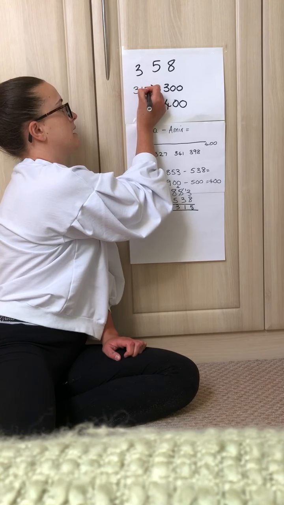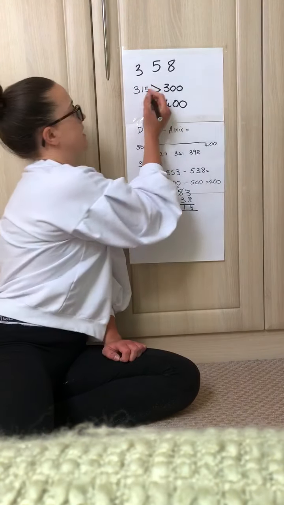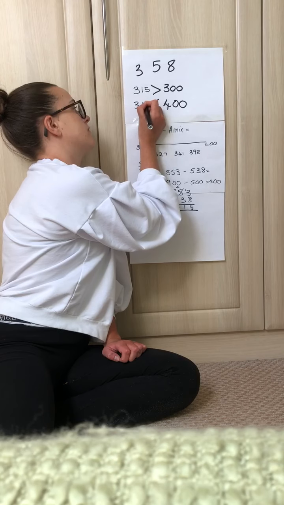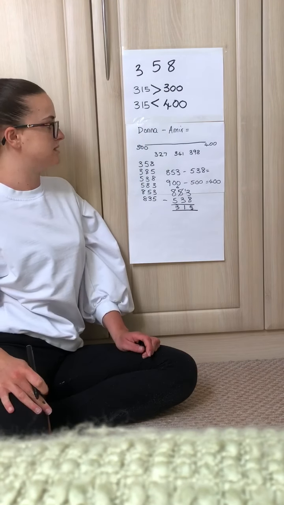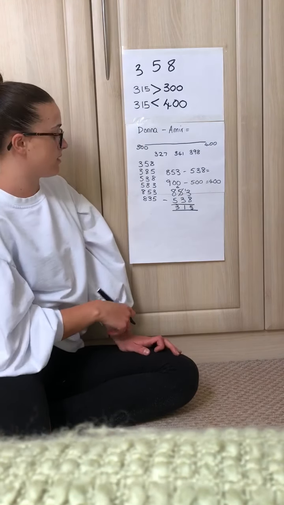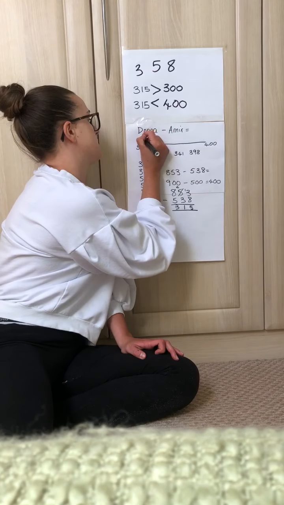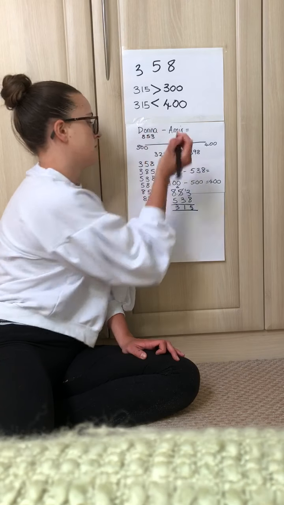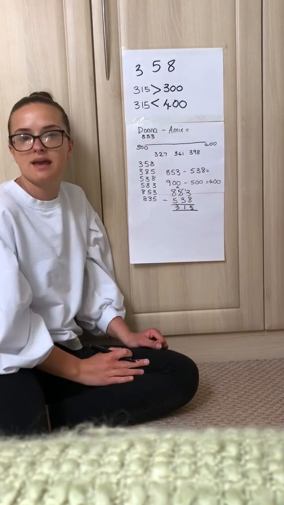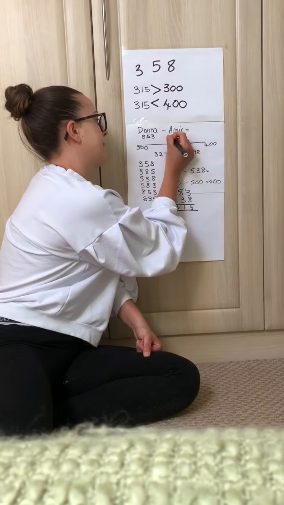Well, yes, it is. And is 315 less than 400? Yes, it is. So I think that Donna's number is 853 and Amir's number is 538.